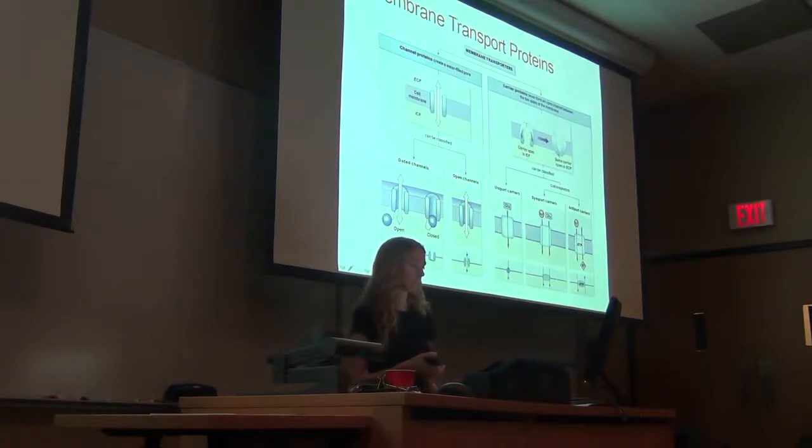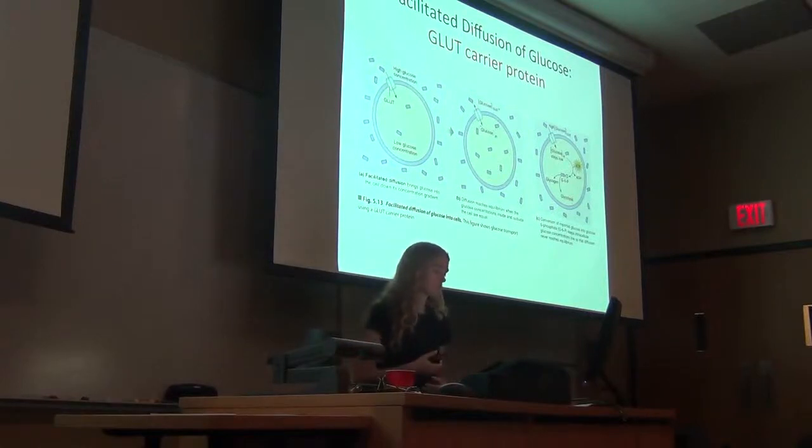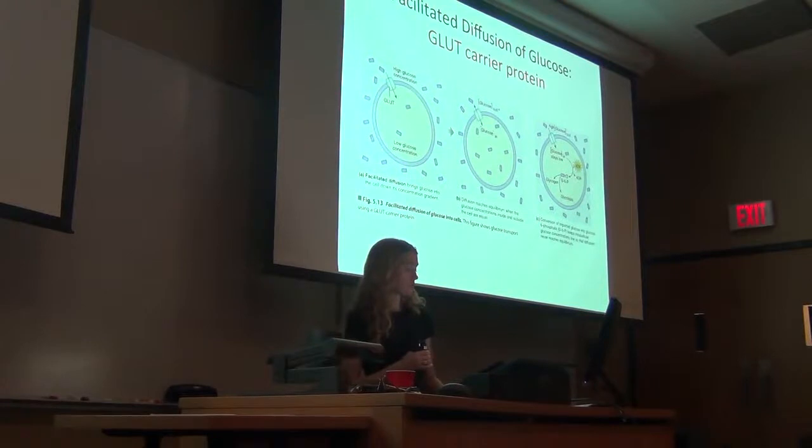So there's some conformational change here. And the example that we'll talk about in this category is the GLUT carrier protein, which accomplishes facilitated diffusion of glucose. So this isn't the first time you've heard of this protein in this class, because when we talked about cell respiration and glucose transport in the body, we also mentioned glucose transporters.